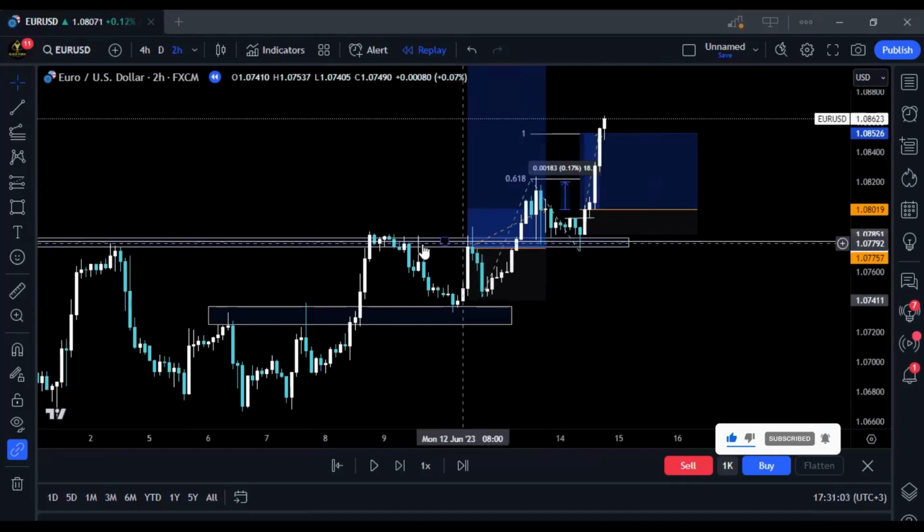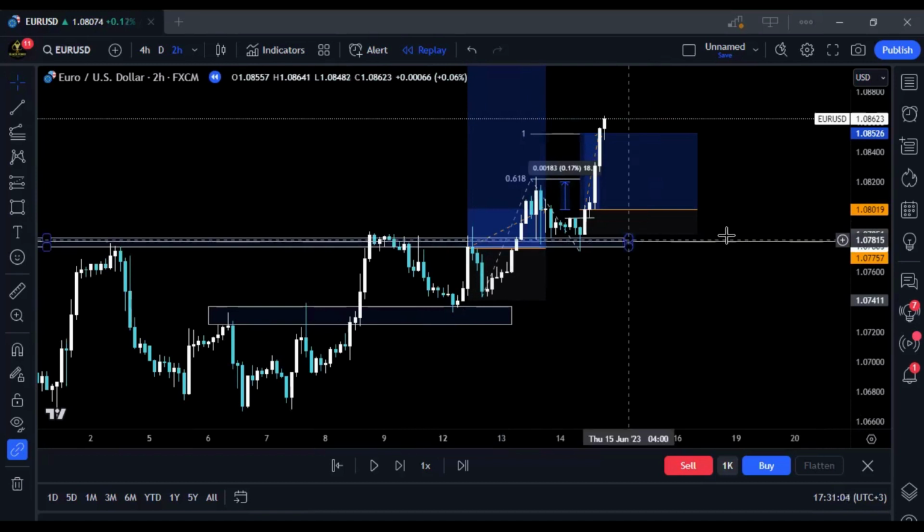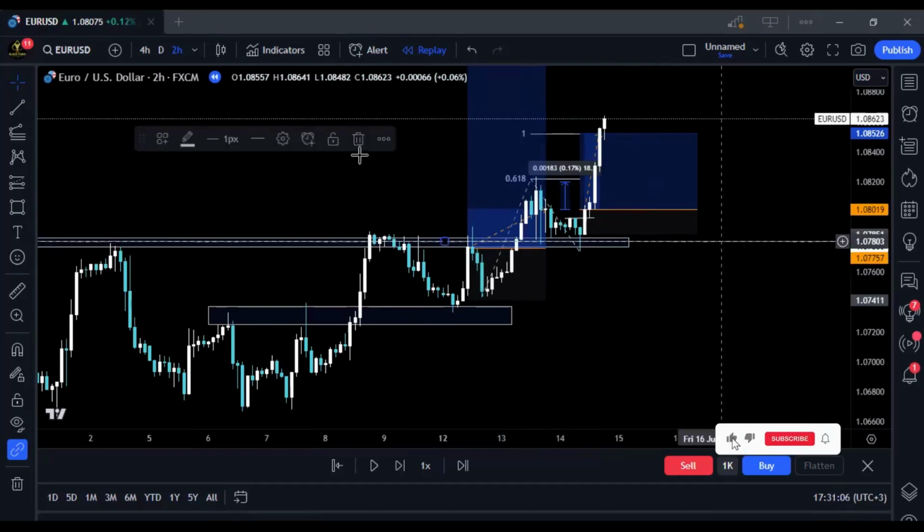So after taking this trade, it was very risky. We shouldn't have taken the trade.